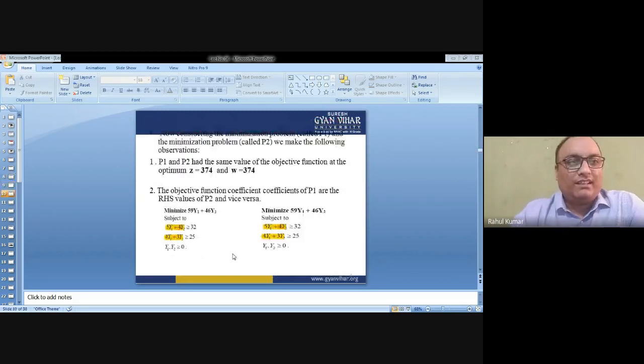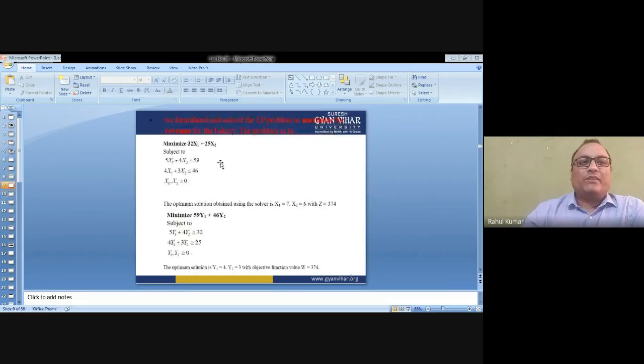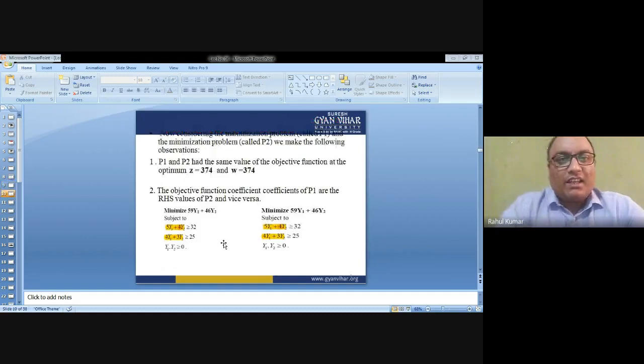Now considering the maximization problem, this is called P1, and this is the P2 problem. We make the following observation.